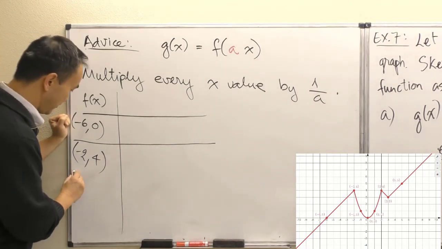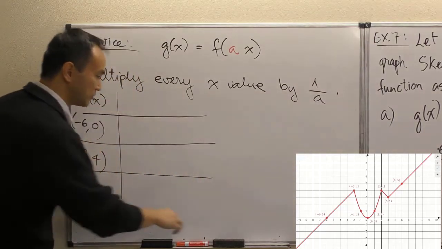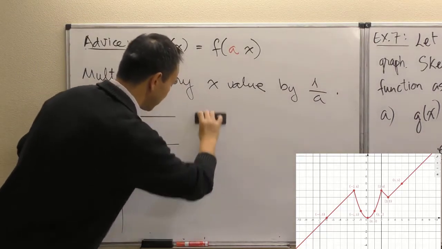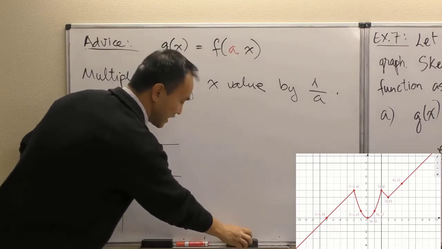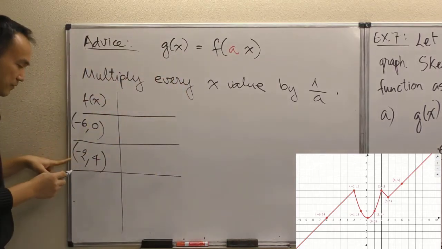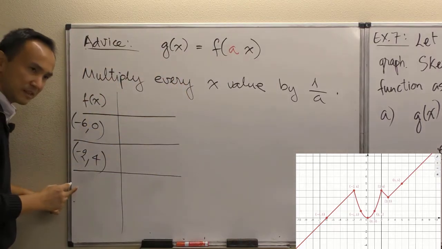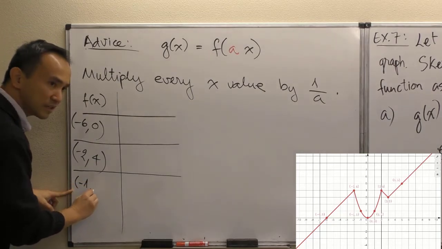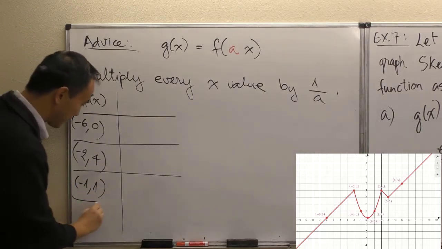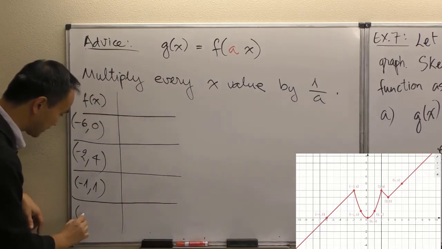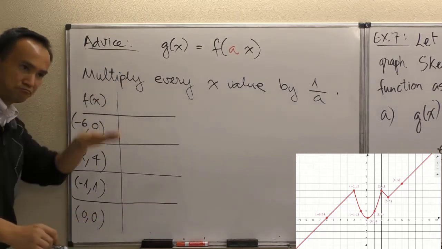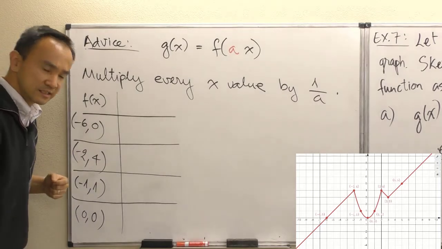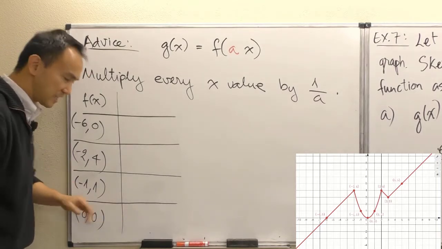I may have to make this table longer to continue. My third point is negative 1, 1, and I also have a guiding point at 0, 0, that bottom peak that hits the x-axis.